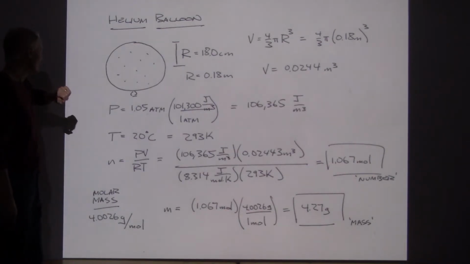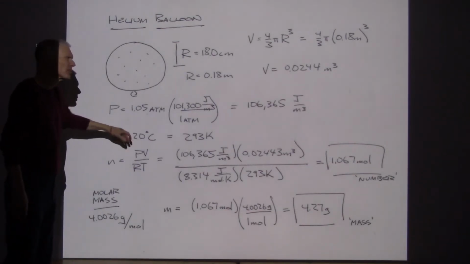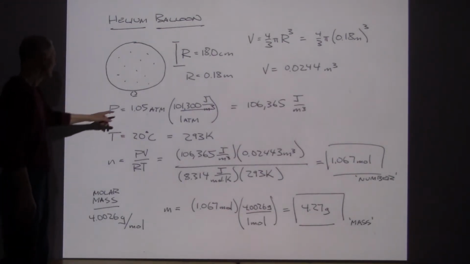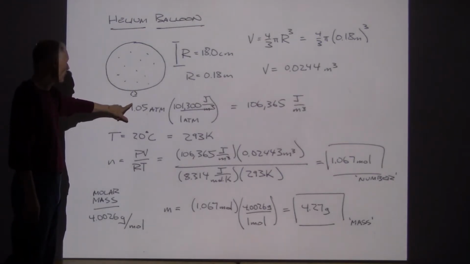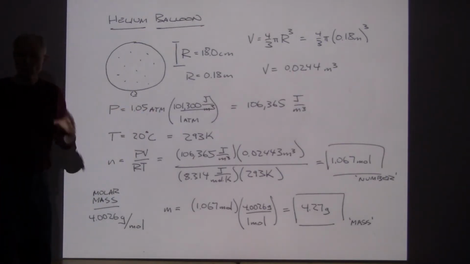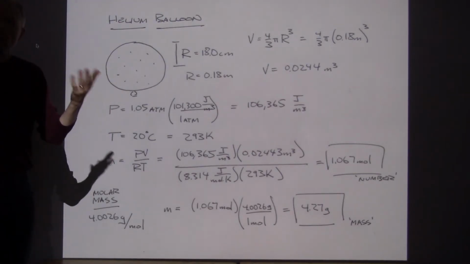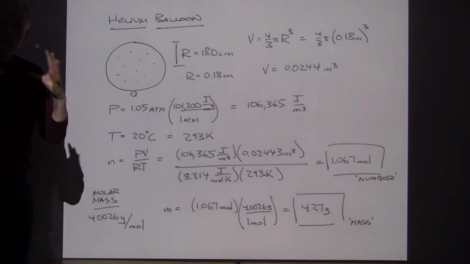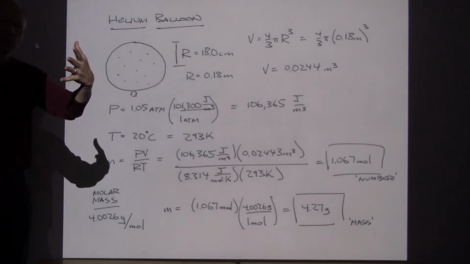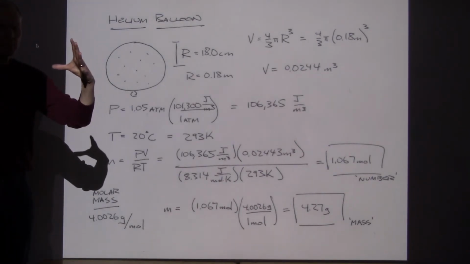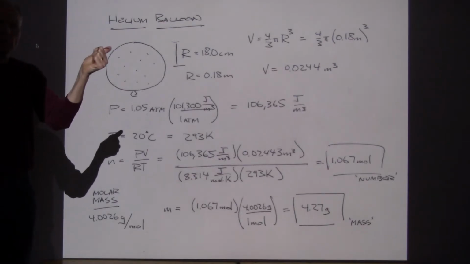It's at 20 Celsius, and it's at a pressure of 1.05 atmospheres. So I've got this balloon blown up, and the pressure inside is just a little bit higher than the pressure outside, and that keeps the balloon stretched out. The balloon's squeezing back in, and that extra pressure is pushing out, and it's balancing.